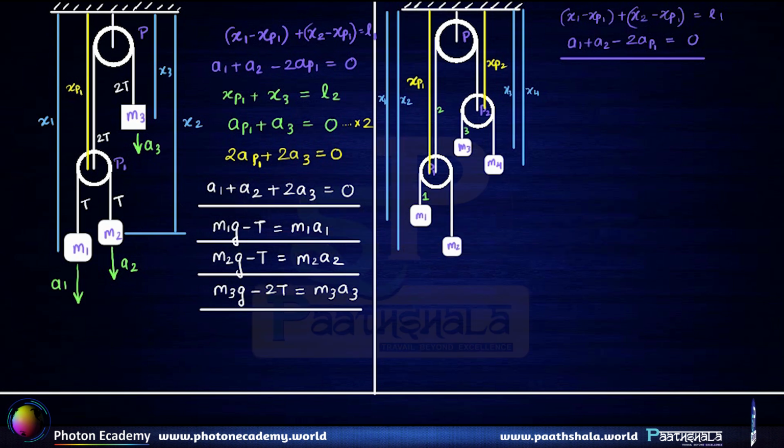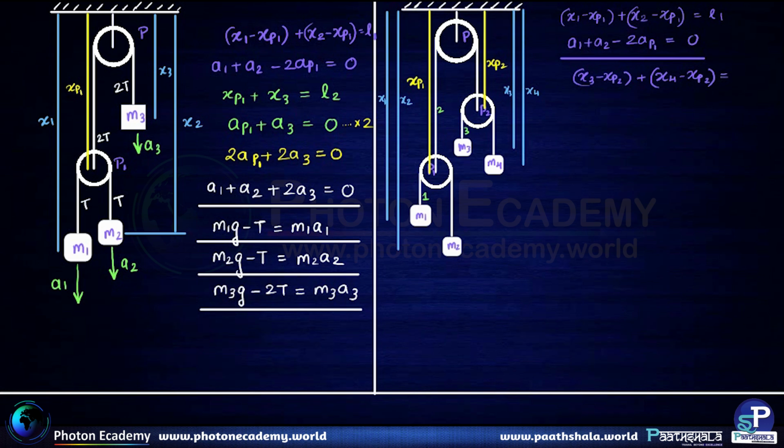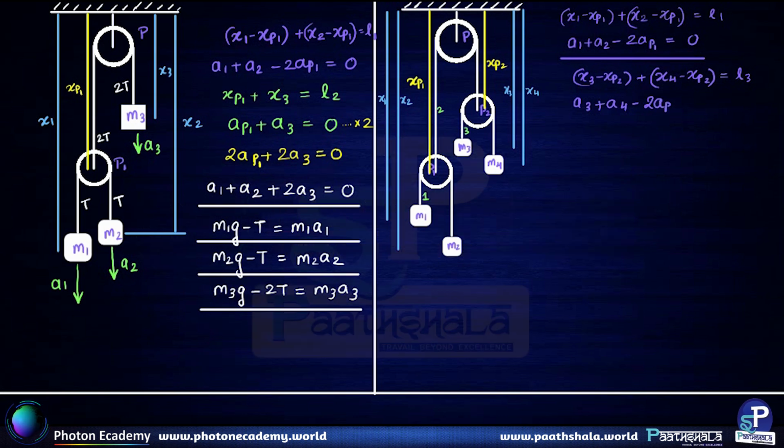For the string 3 we get x3 minus xp2 plus x4 minus xp2. So this is equal to length of string 3, L3. So on double differentiating we get a3 plus a4 minus 2 ap2 is equal to 0. So this happens to be the equation for string 3.